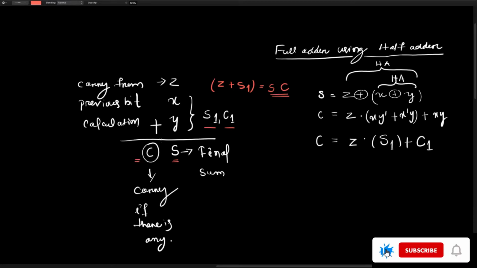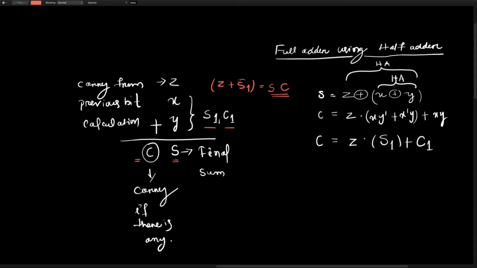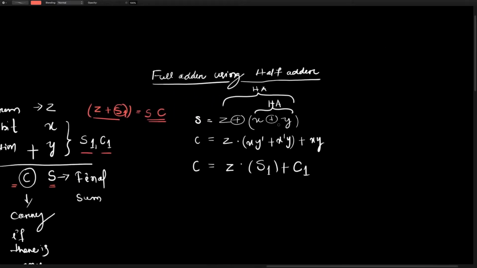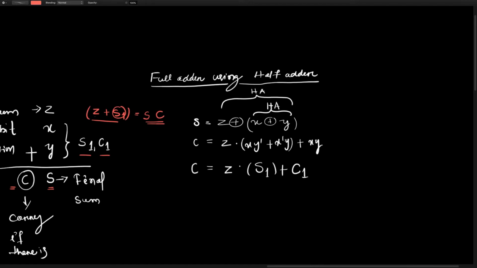So you are doing two half adder operations. For x and y there is a half adder operation that gives you S1, and for Z and S1 you do another half adder operation. I have written the logical expression here. The first half adder operation is for x and y, and the second half adder operation is for Z and the summation from x and y.